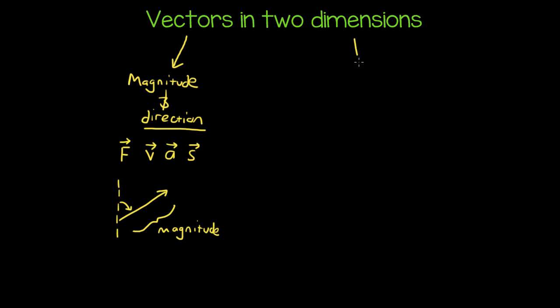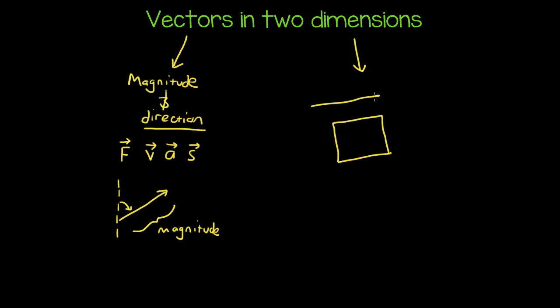So what does this word dimensions mean? Dimension, as you'll know, is sometimes used to describe a size or a length of a box or a piece of paper or a distance on a ruler. So when we speak about one dimension, we speak about pretty much a line. One dimension means moving along one line. When we speak about two dimensions, we say, okay, one line, but you can also move up and down.